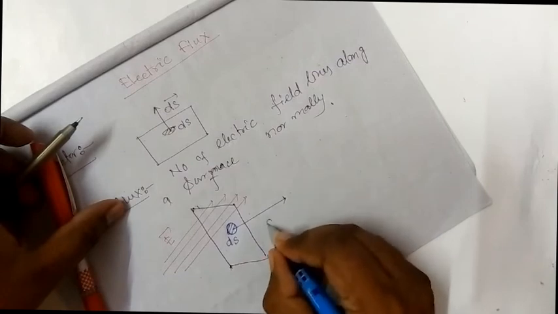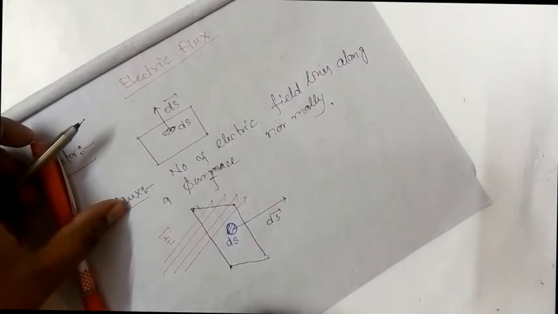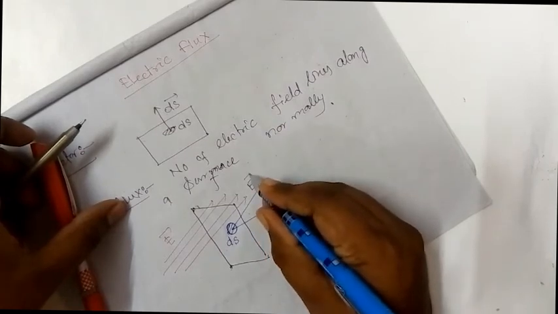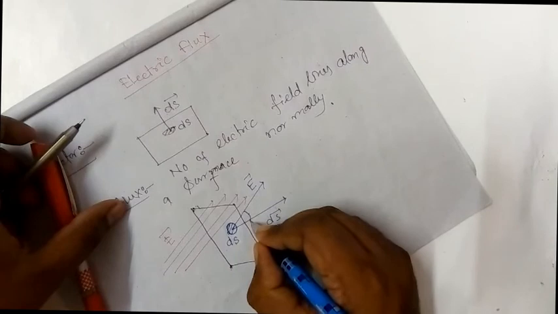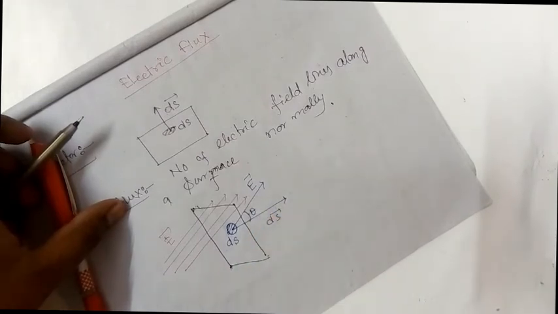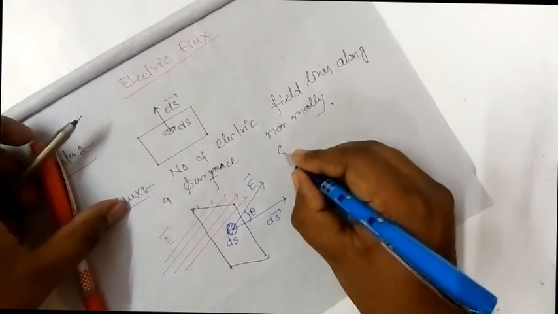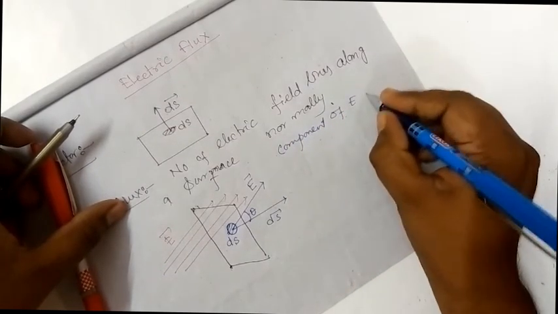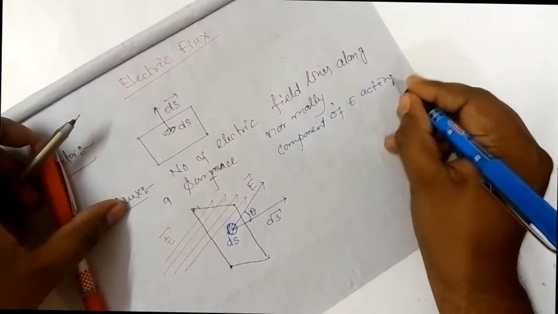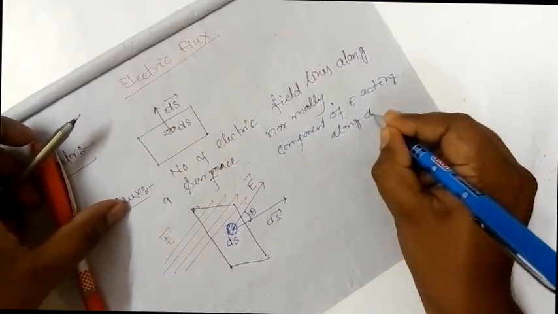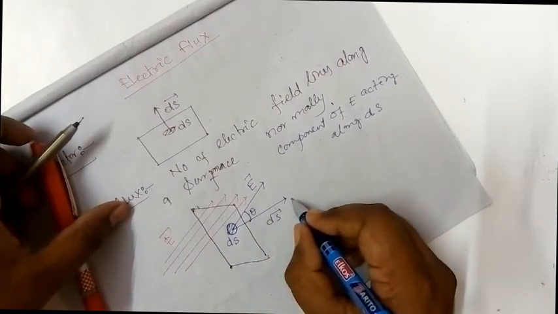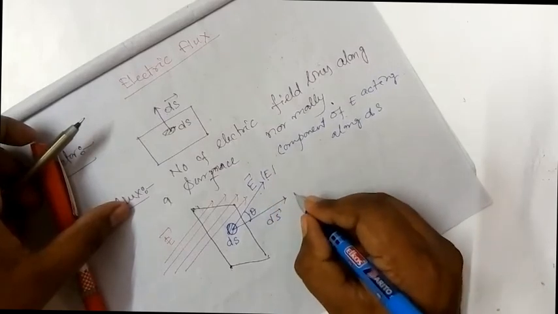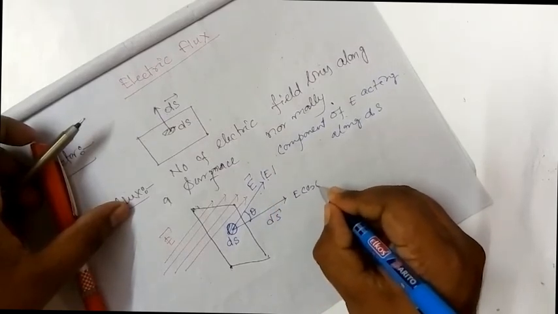The direction of the ds vector is this, and E is acting in this direction. So there will be an angle between them, that angle is theta. If I want to find the component of E acting along ds, if the magnitude is E, it is E cos theta.